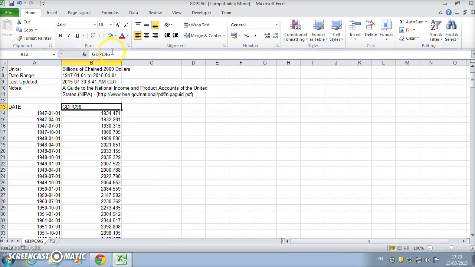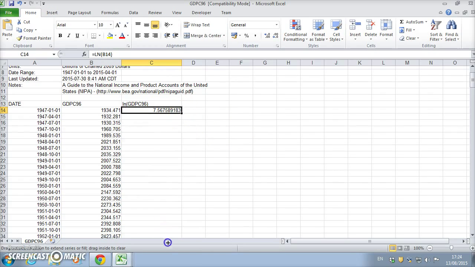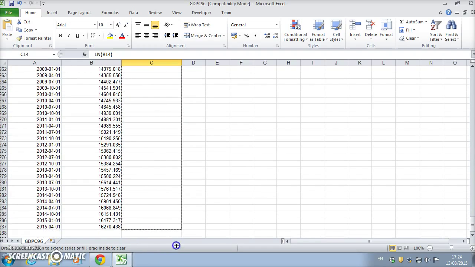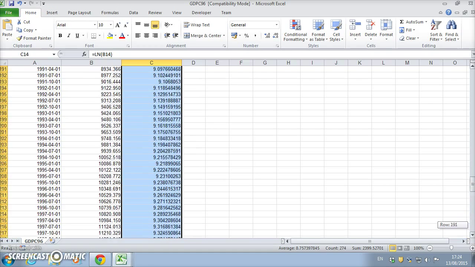So same again, copy and just paste in, and just to be clear, we'll put ln brackets around, close the parentheses, that's equal to the natural logarithm, and we take this value, close the parentheses, and then pull the value down, and you'll notice that we have quite a few values of the order of 287. So that's quite a few.